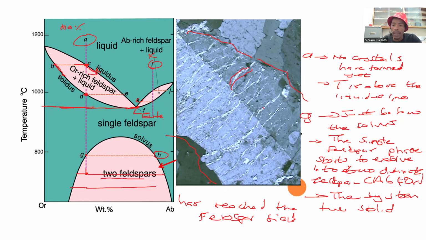So I know that this one is albite, and then it means this host is the orthoclase, and I know that this is the perthitic texture. So basically, that's how perthitic texture came into picture.